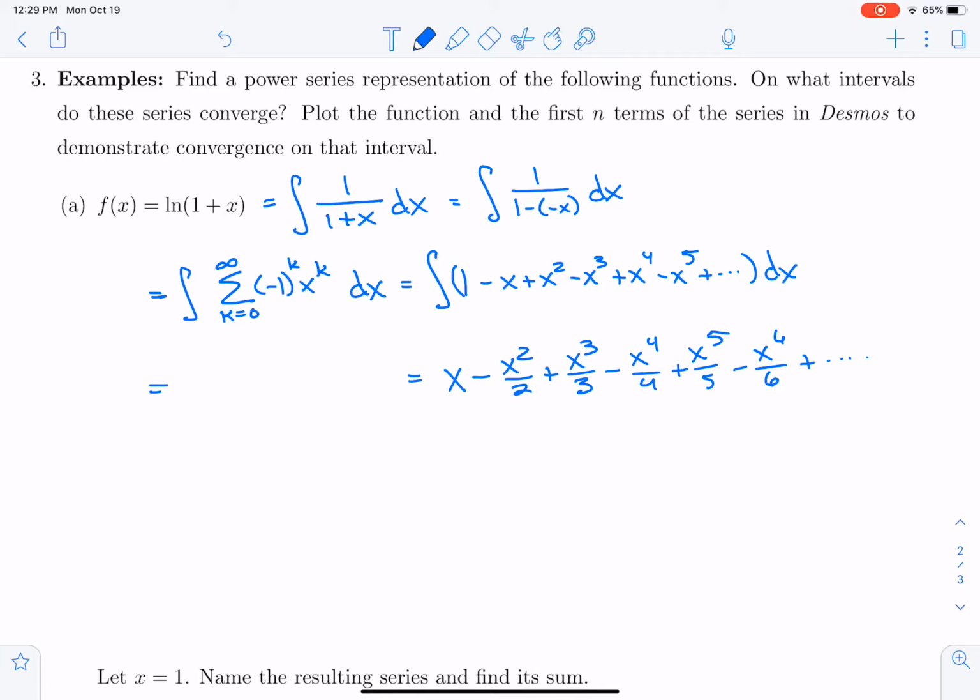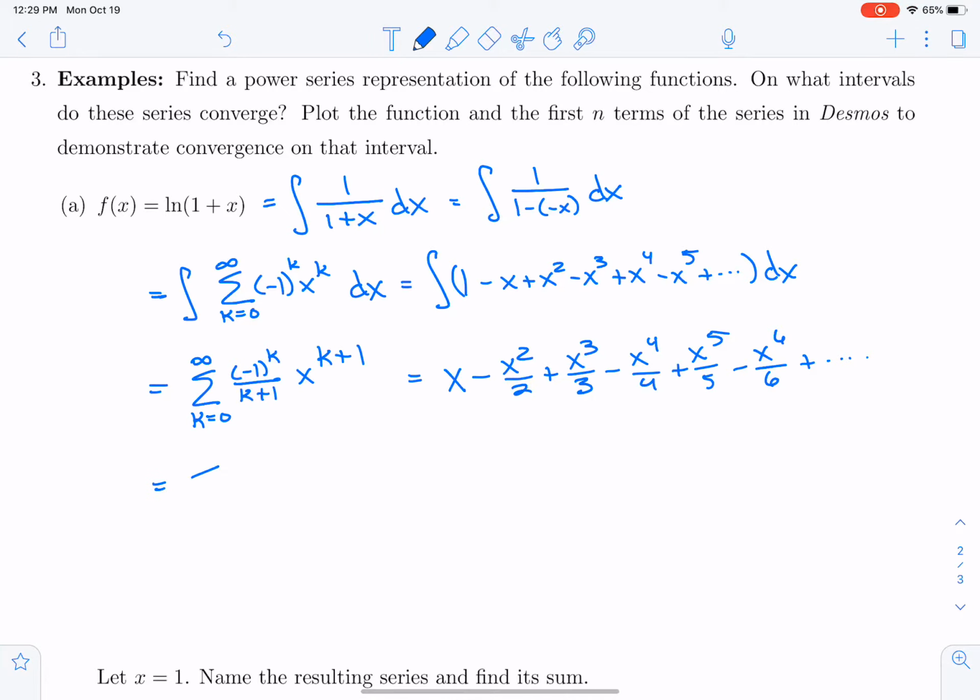So I can look at the series and say, this series is the sum from k equals 0 to infinity of negative 1 to the k over k plus 1, x to the k plus 1. And so natural log of 1 plus x can be thought of as that series.